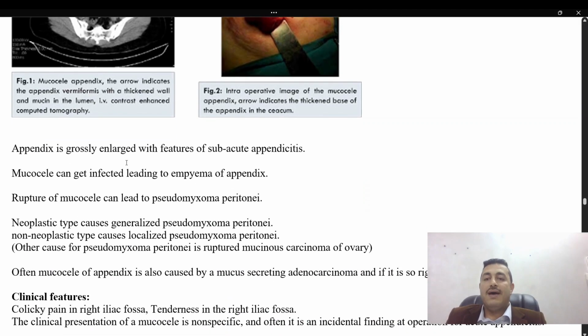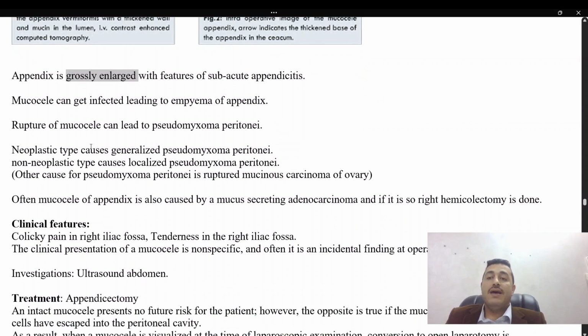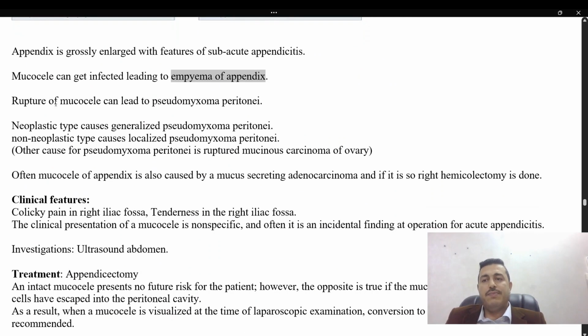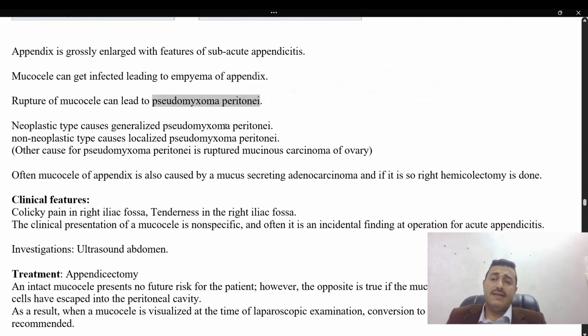Okay, as we said, the feature is actually like subacute appendicitis or appendicitis with a grossly enlarged appendix. It can be infected and lead to empyema, not just mucus, but an empyema of the appendix. The problem is with rupture of the mucocele, even intraoperative rupture. This will lead to pseudomyxoma peritonei. This is a bad entity, we will see.